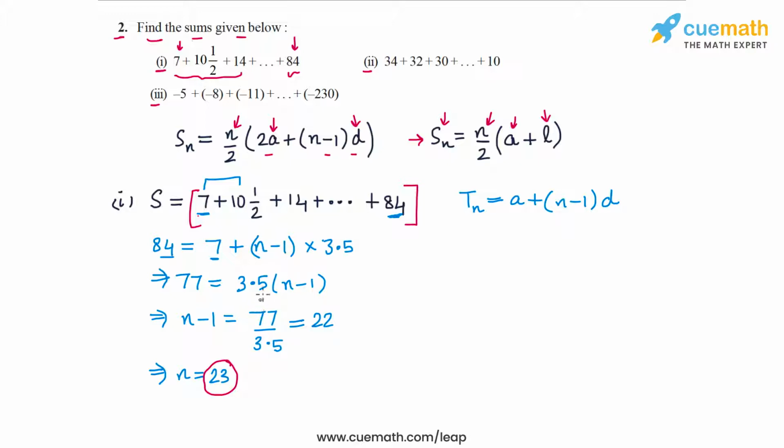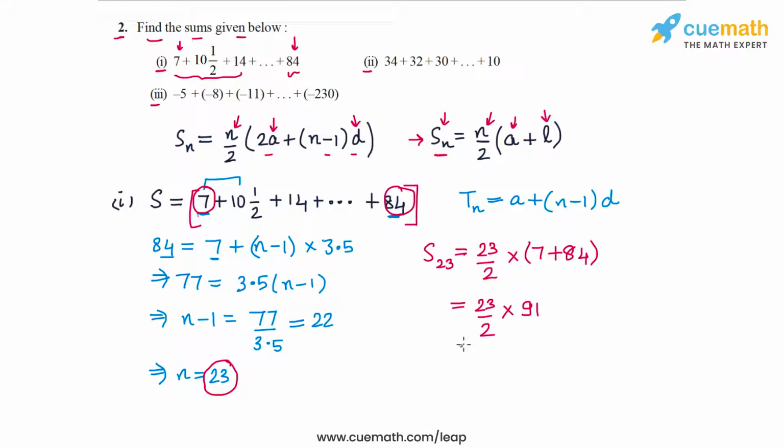Now that we have the number of terms, we can apply the formula Sn equal to n by 2 times a plus l. So S23, or the sum of these 23 terms, is equal to 23 by 2 into a plus l. What is a? a is the first term, 7, and l is the last term, which is 84. So 23 by 2 into 7 plus 84, or 23 by 2 into 91.